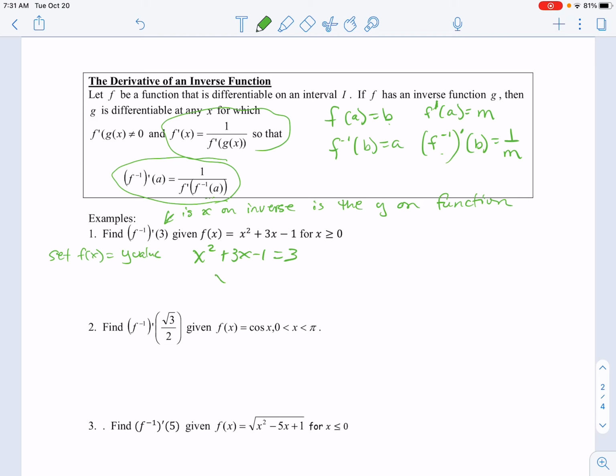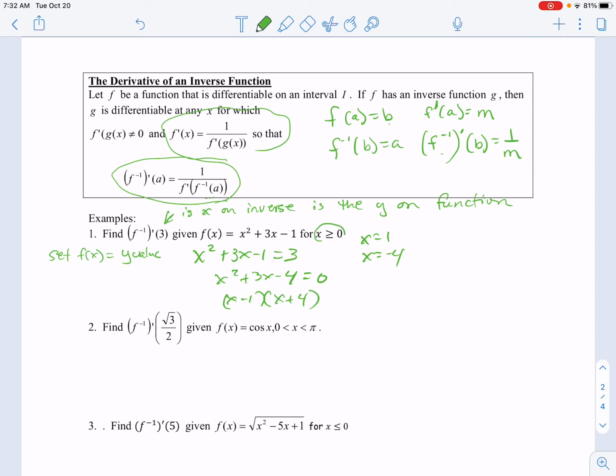Now solve it. I get x squared plus 3x minus 4, which factors to x minus 1 times x plus 4, because you have a positive 3 in the middle. So I end up with x equals 1 and x equals negative 4.